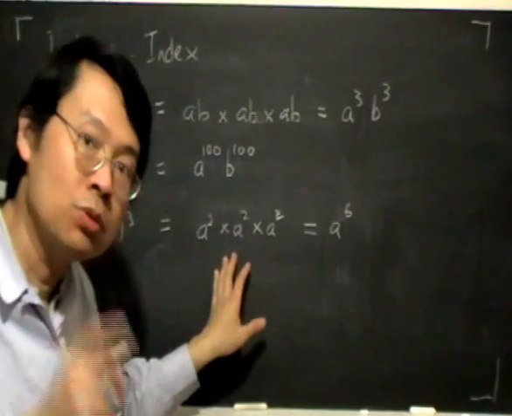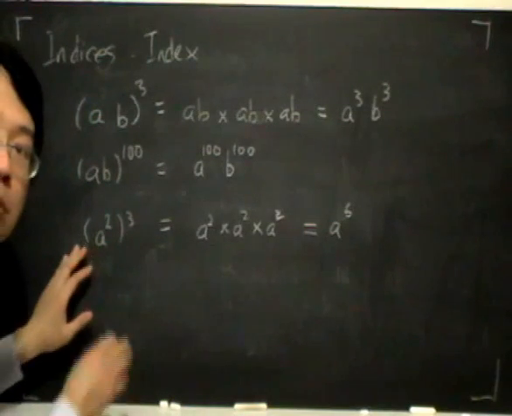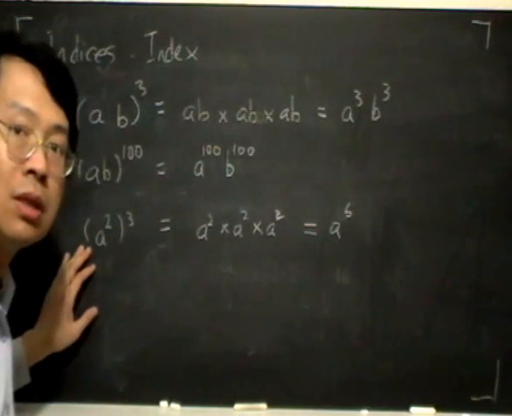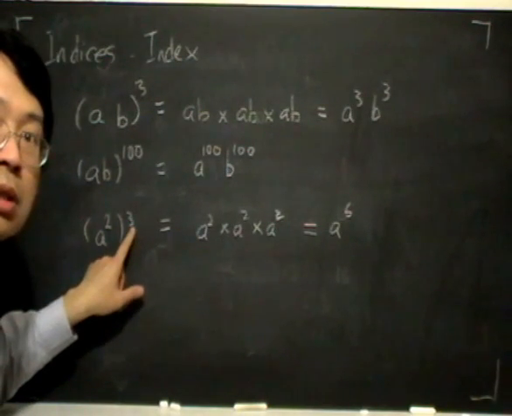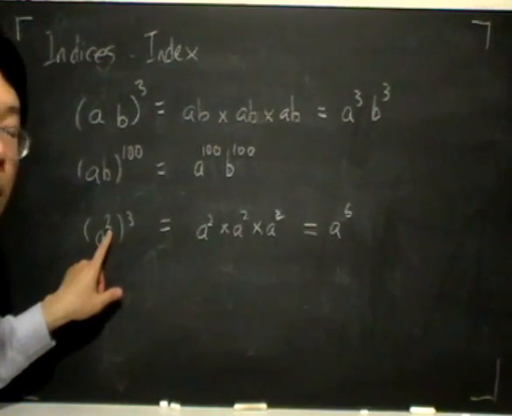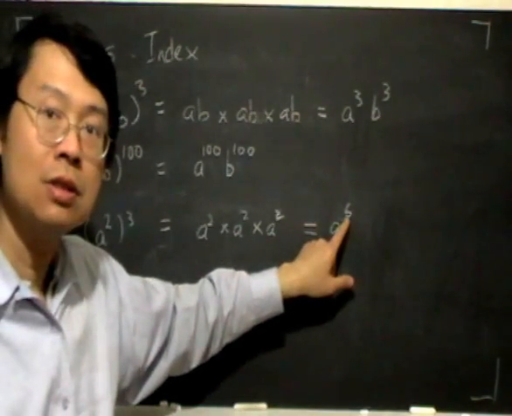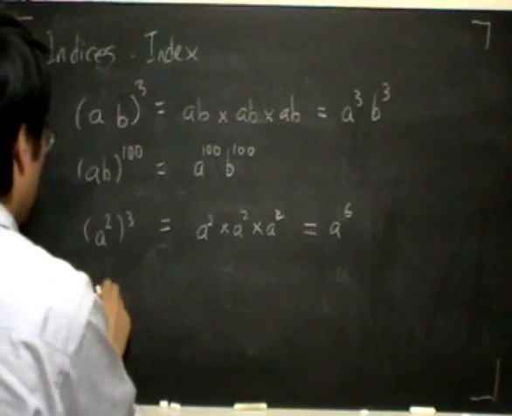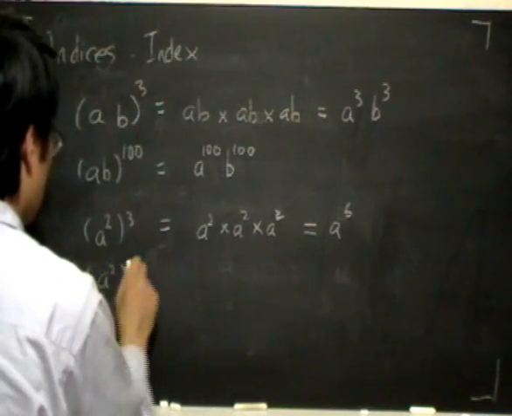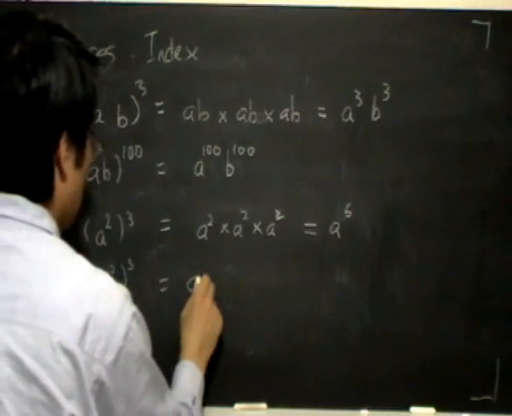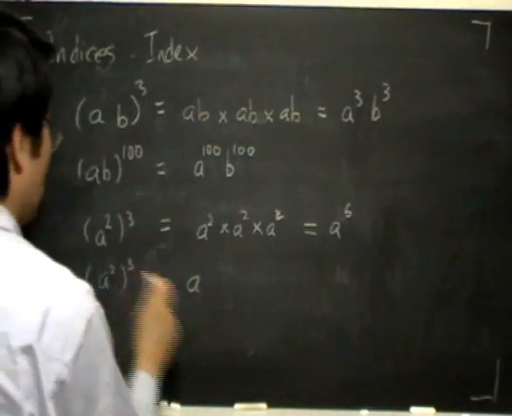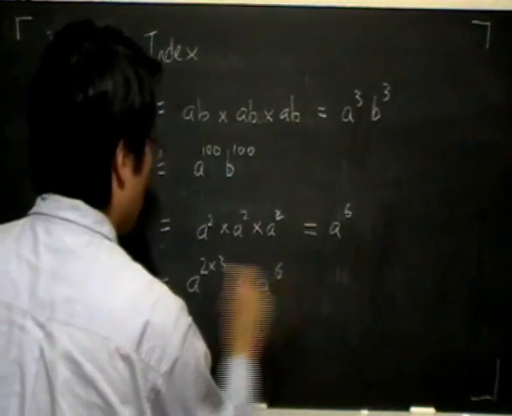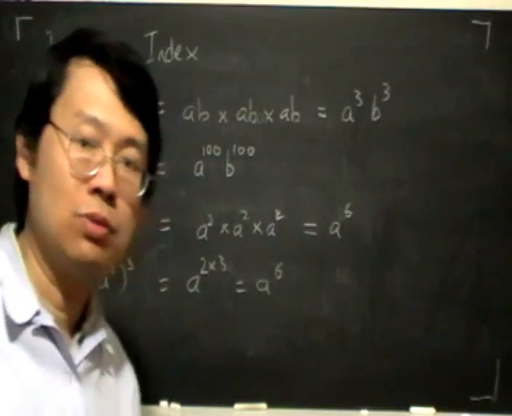So I might as well go back to the start where I have A squared to the power 3 and do the 3 times 2 here to get 6. So this observation gives us a quick way to write down the answer. A squared to the power 3 we can find simply by doing 2 times 3, and that gives A to the power 6. So that's a quick way of finding the answer.